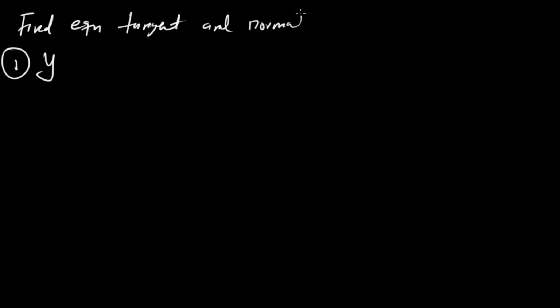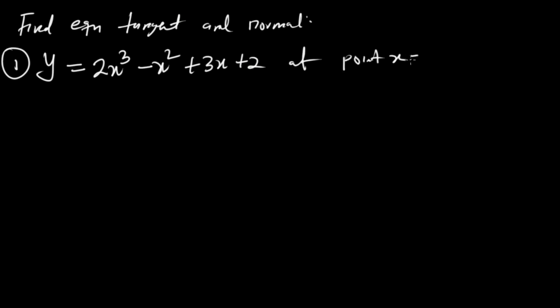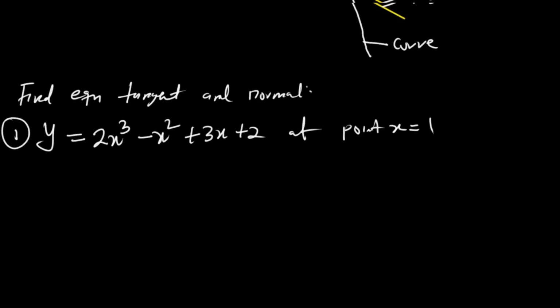Here we have the first example, and we have to find the equation of the tangent and normal to the curve y equal to 2x³ minus x² plus 3x plus 2 at the point x equal to 1. So let's quickly go back to our explanation.